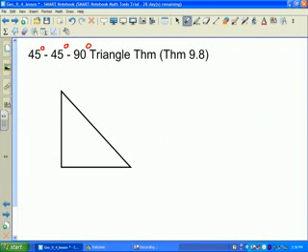I would also like you to write this in your notes. Okay, it is theorem 9.8, so you can refer back to there. I'm going to talk a little bit about it. Again, this triangle is a right triangle of 45 degrees here and 45 degrees in the other, third angle.